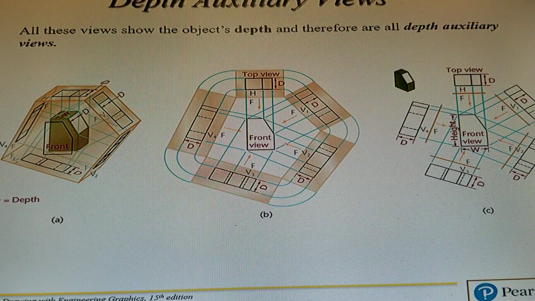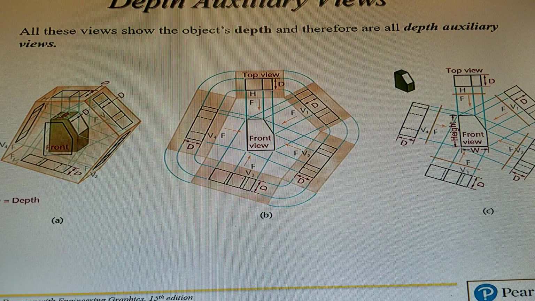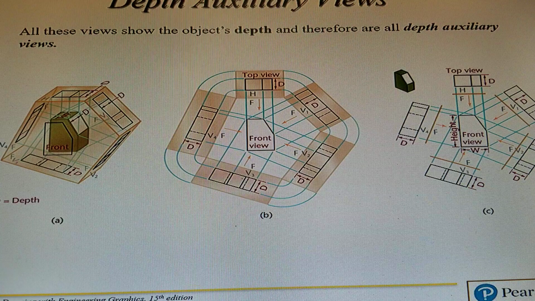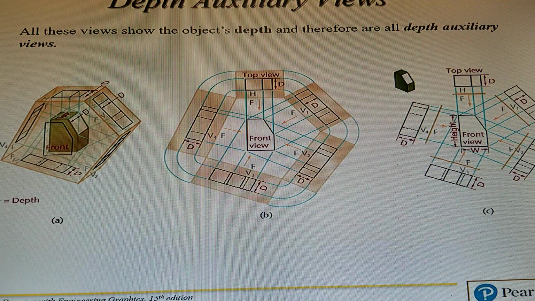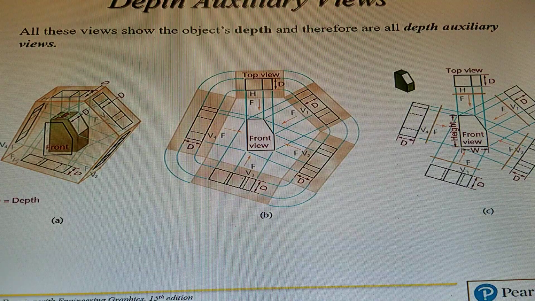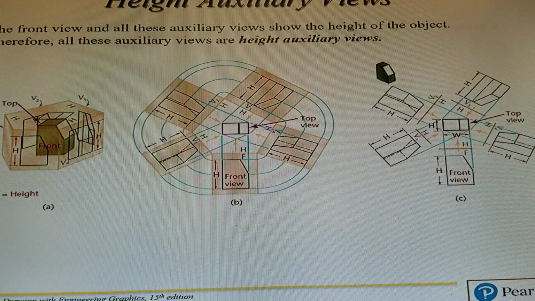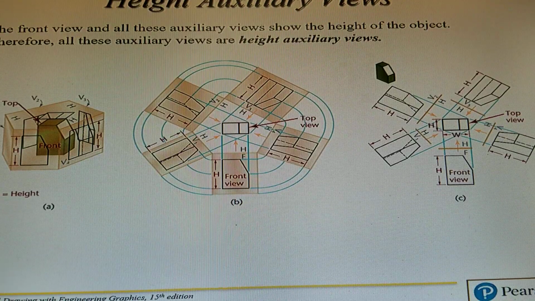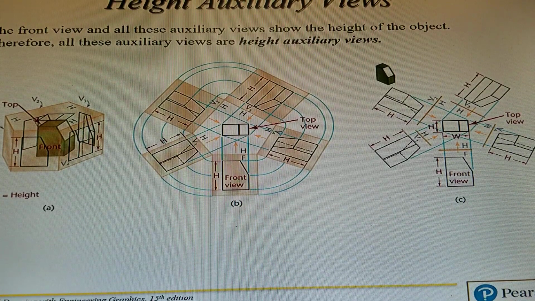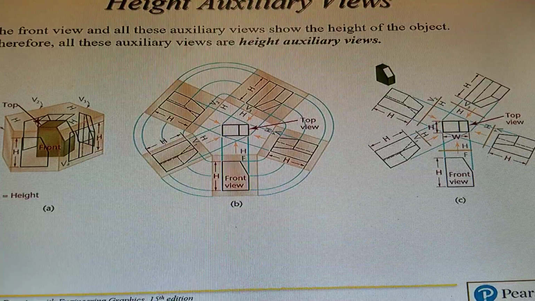And here's some examples of depth auxiliary views. All these views show the object's depth and therefore are all depth auxiliaries. I'm not going to go into that too much. That's really kind of confusing even to me. The front view and all these auxiliary views show the height of the object.